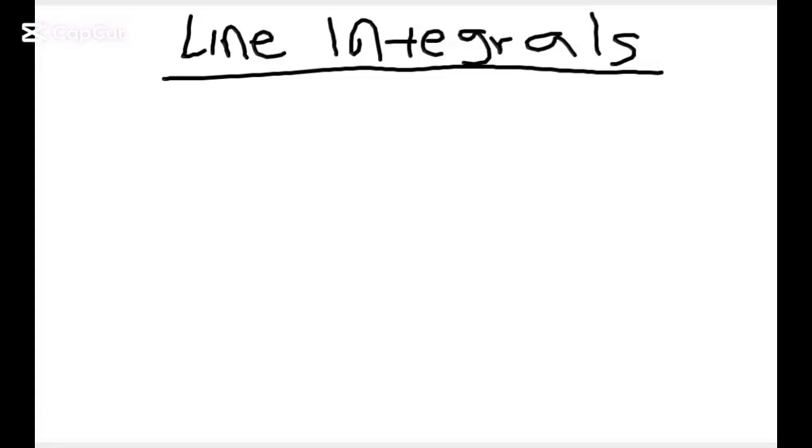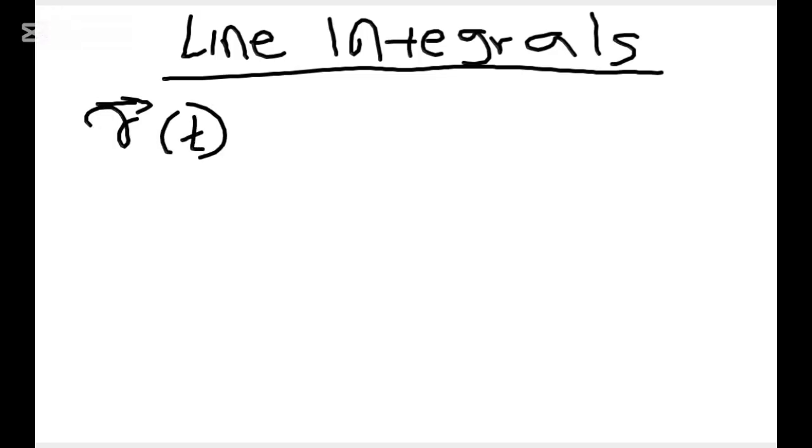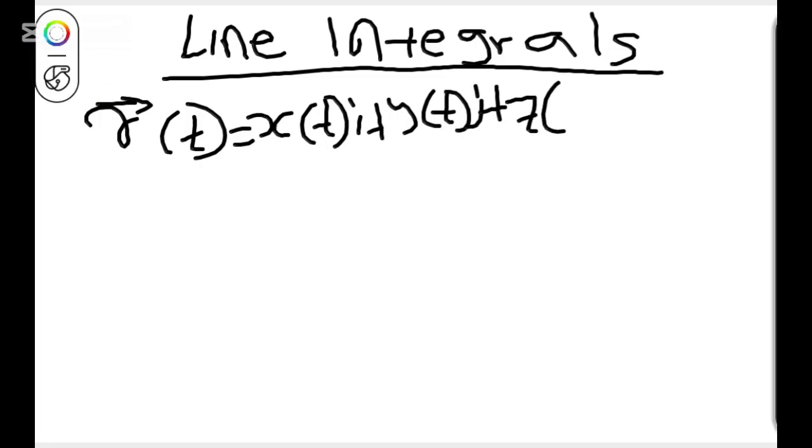In this video, we are going to see the line integrals. Let's say we have a vector r. A vector r of t is the same thing as x as a function of t, for i, and y also a function of t, j, and also plus z as a function of t, which is for the value of k.